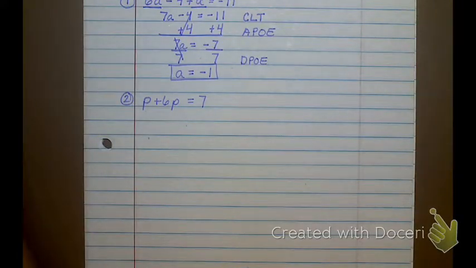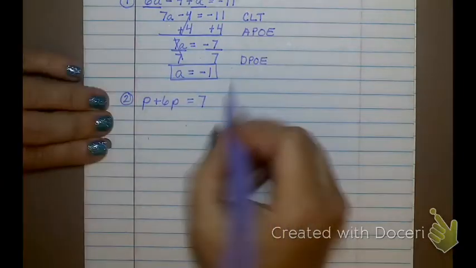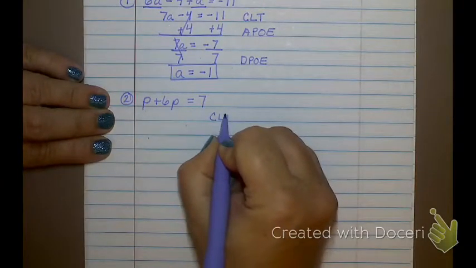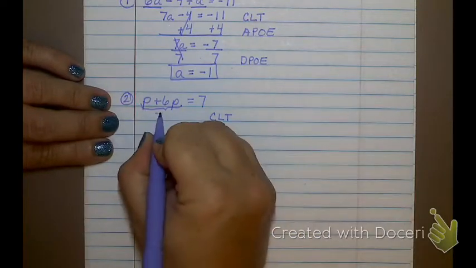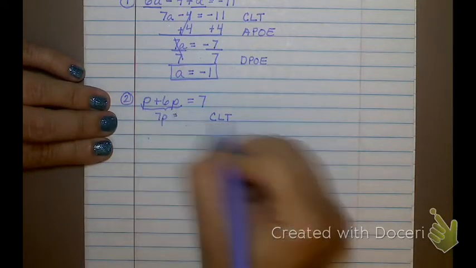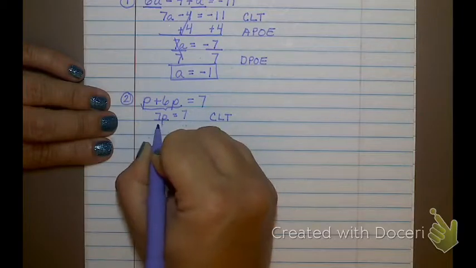What do you need to do first? Combine like terms. They're on the same side, so what is P plus 6P? 7P equals what? 7. Gosh, this is very similar to the last one.